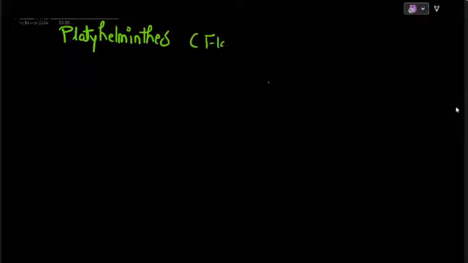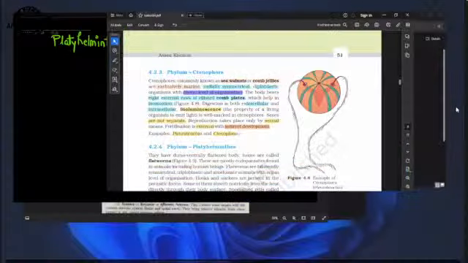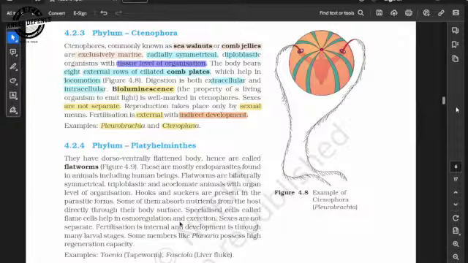They are also known as flatworms. Please check your textbook. They have a dorsoventrally flattened structure, correct? So the first point is dorsoventrally flattened body. That's why they are known as flatworms.